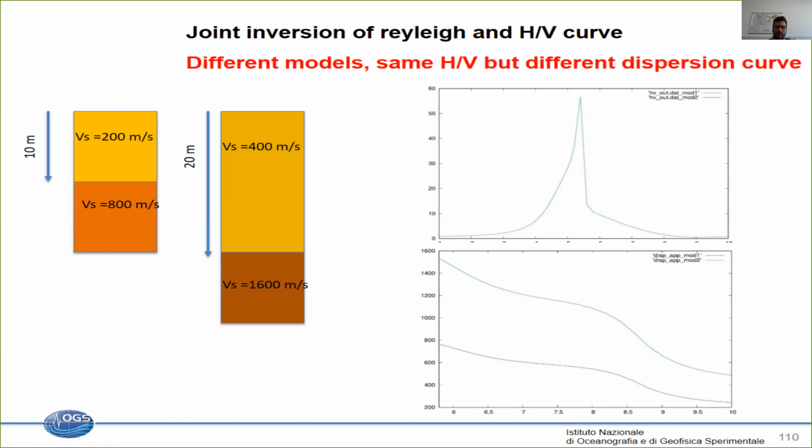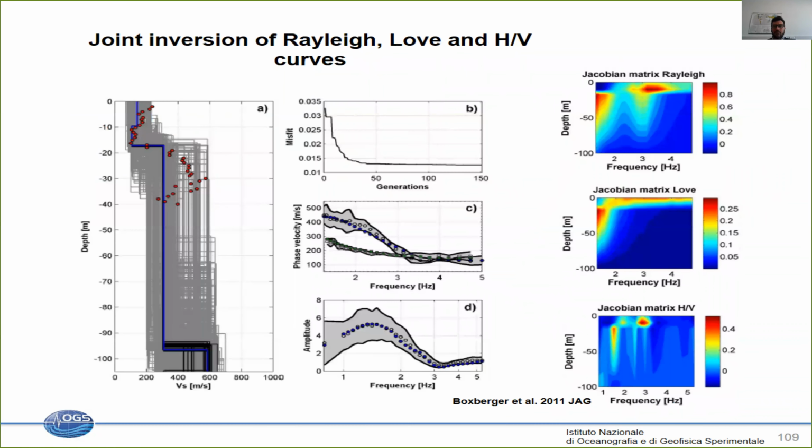We also said that in some cases, we can also use the Love waves, because in most cases now we are working with three-component sensors, and these offer us the possibility to record also transverse ground motion in the horizontal component.